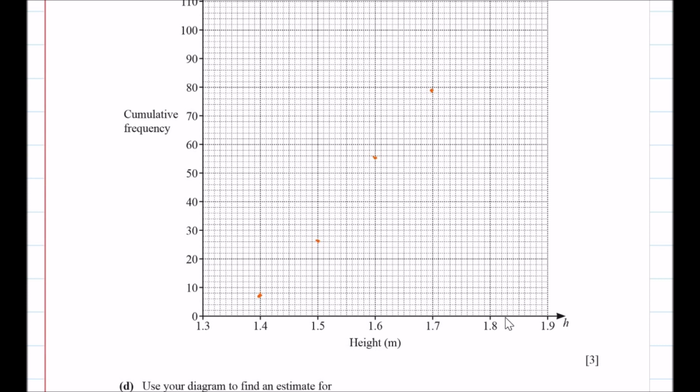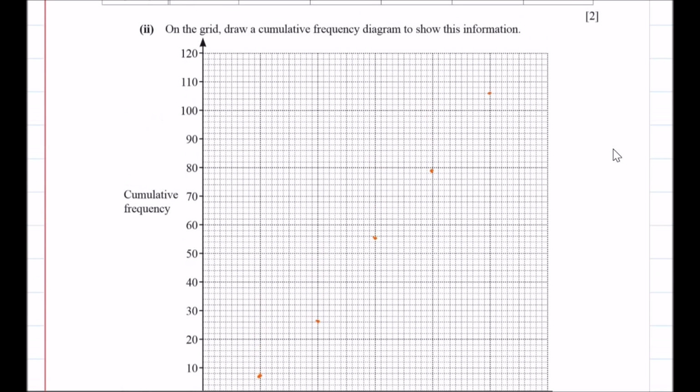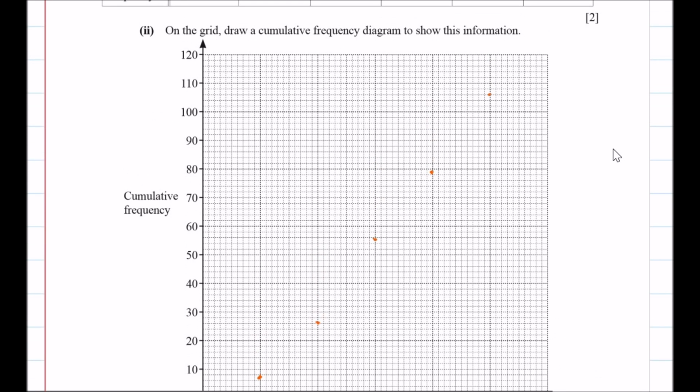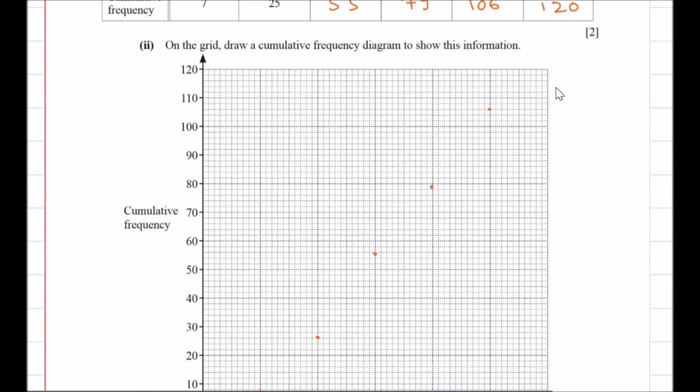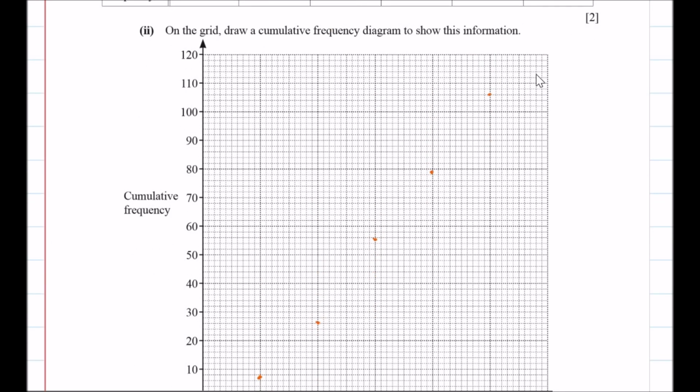For 1.8, we have 106, so 2, 4, 6, the third line after 100. Next, we have 120, against 1.9. So let's put it here.